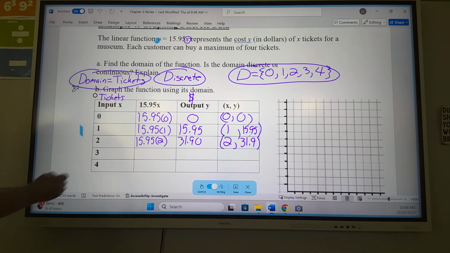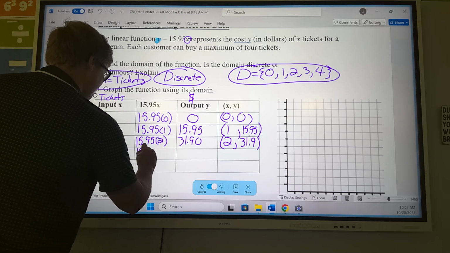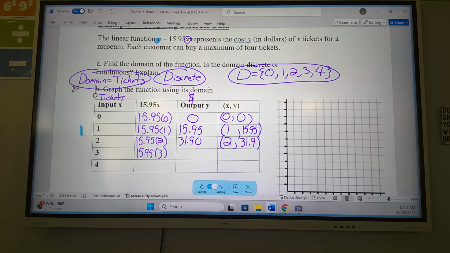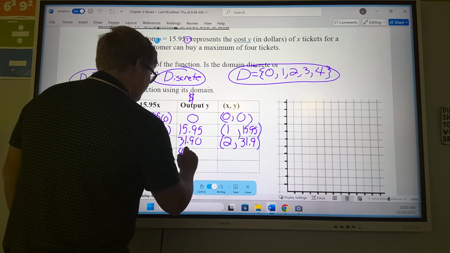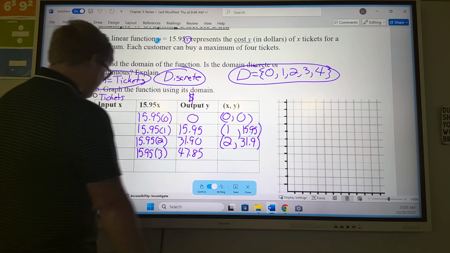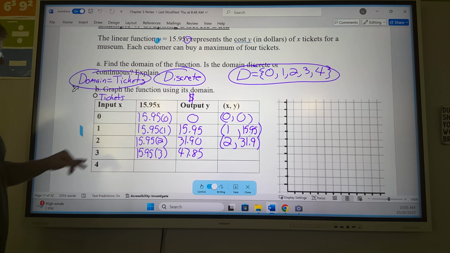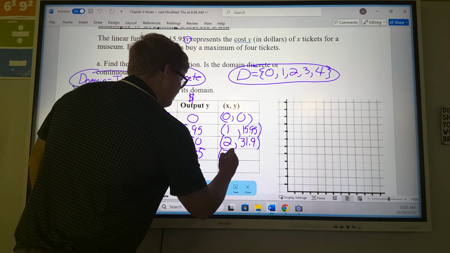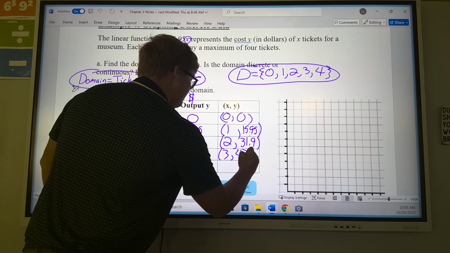Okay, when we plug 3 in, we have 15.95 times 3. What do we get? We get 47.85. So, when our x is 3, our y is 47.85. So, 3, 47.85.